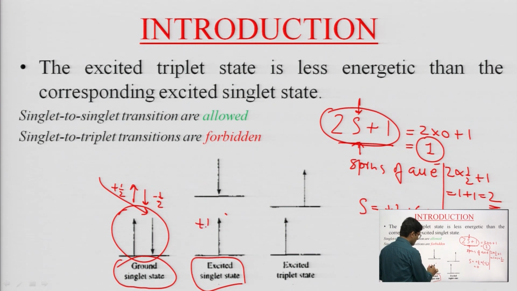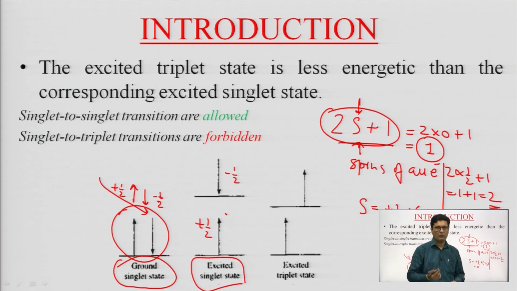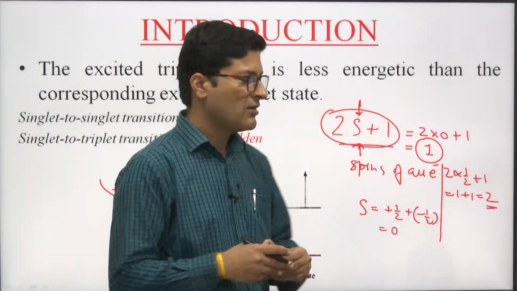So, it still has a plus 1 by 2 spin and a minus 1 by 2 spin. This will also give you a value of 1. So, it is the excited state, but it has a spin value of 1. So, the multiplicity value will be singlet.